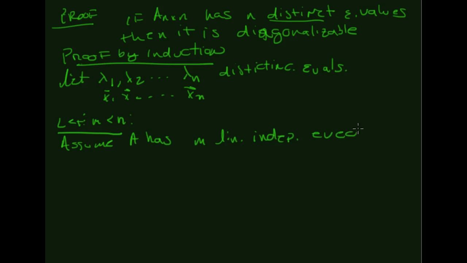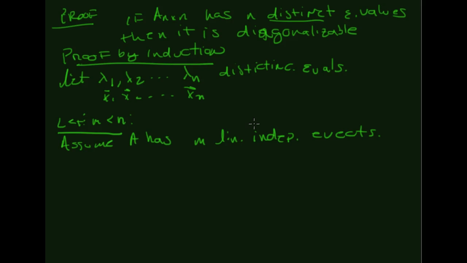Okay, so this is the idea of an inductive proof: I'm going to prove it for n equals 1, which is trivial. I'm going to assume it for m, and then show that if it's true for m, it has to also be true for m plus 1, which means it has to be true for every possible size.